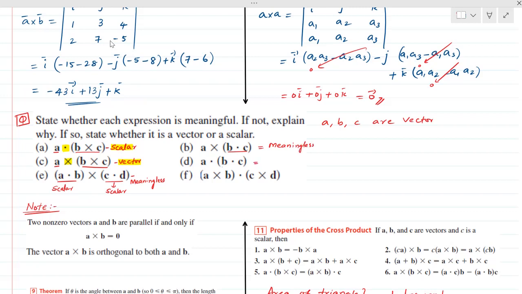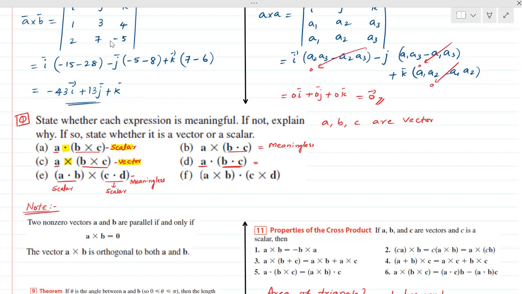And here, when you take a dot product, it's a scalar. When you take a dot product with the vector, the dot product you can take. So you will get some scalar value, and you will multiply that with the vector.